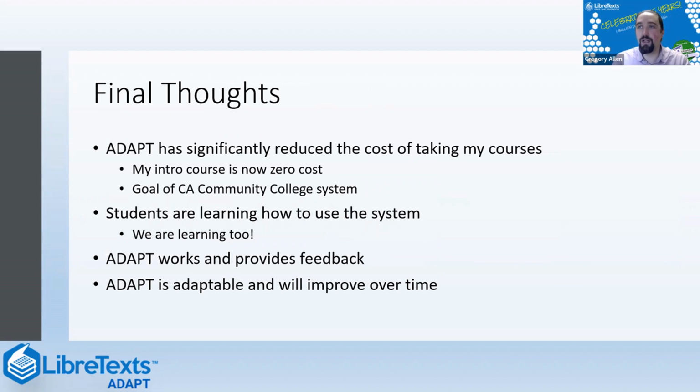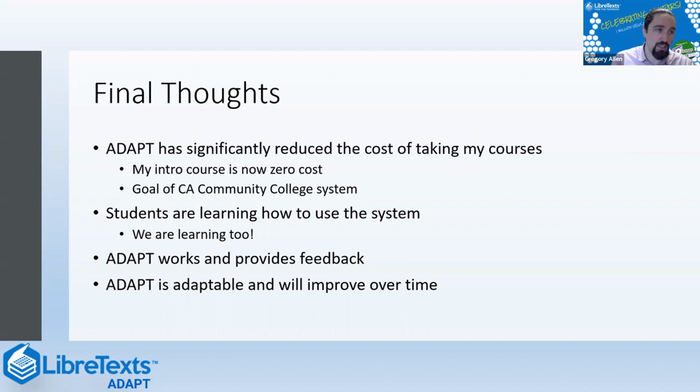One of the things that I really appreciate about ADAPT: I should say in my intro course, I've moved to an online textbook. I use a LibreTexts intro course, so that's a free online textbook. Now with the online homework system, there is zero cost associated with taking my course. The college has done something to reduce lab costs, but there is zero cost.